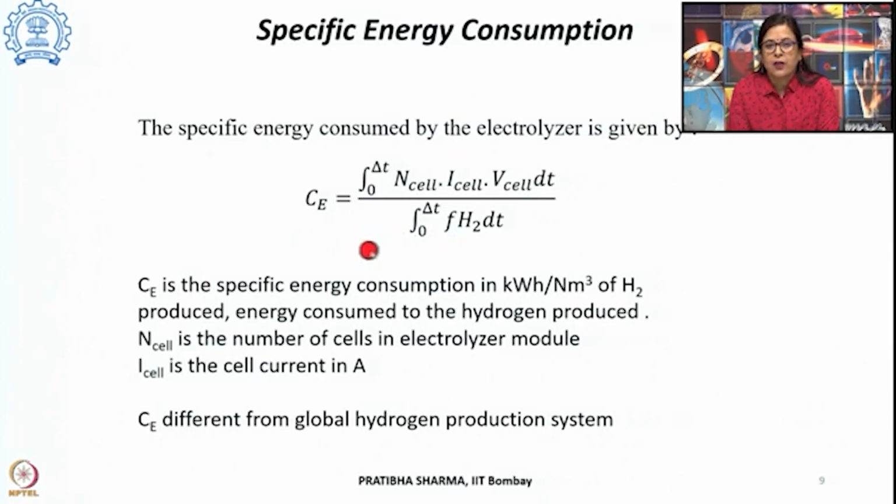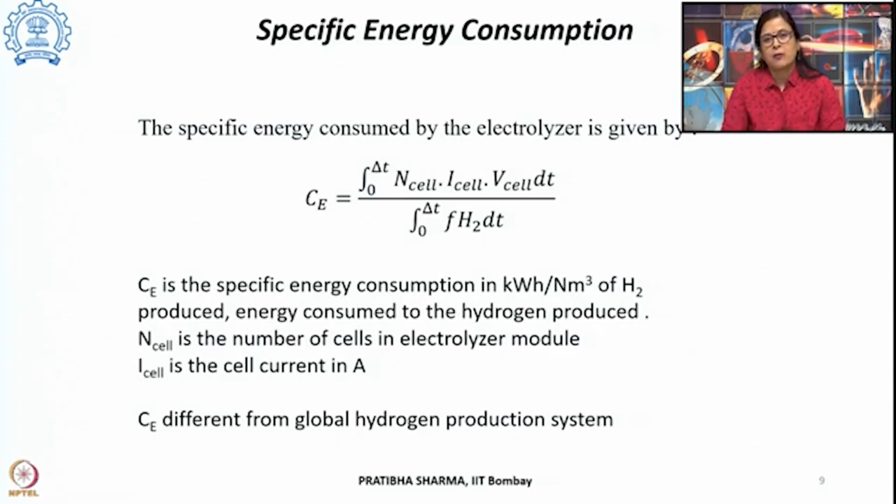Now when we consider the specific energy consumption in the electrolysis process, under actual conditions there is more energy consumption because of the different auxiliary components in an electrolyzer. These could be valves, sensors, purification systems, cooling systems, and then there can be power losses involved in the process.